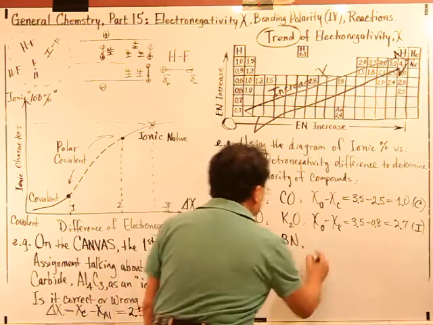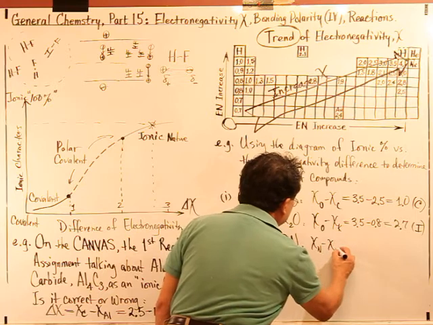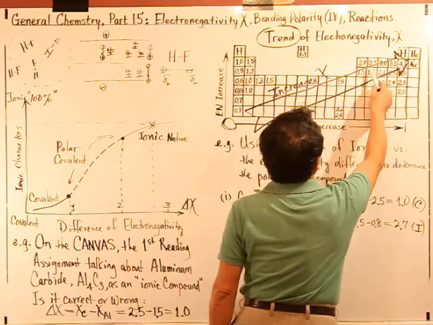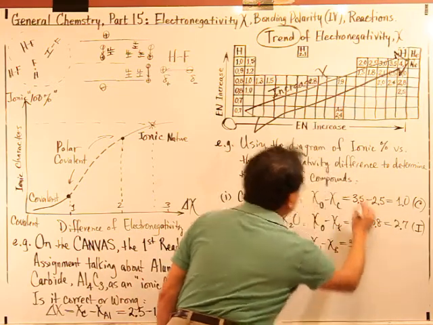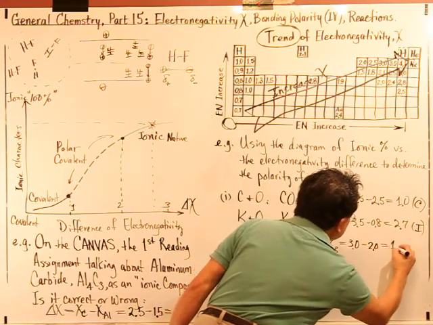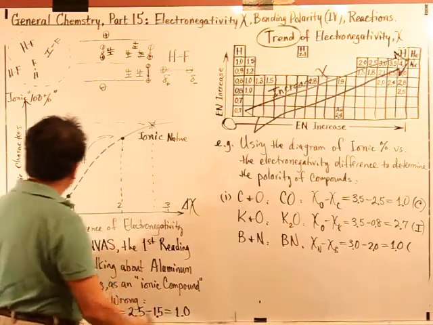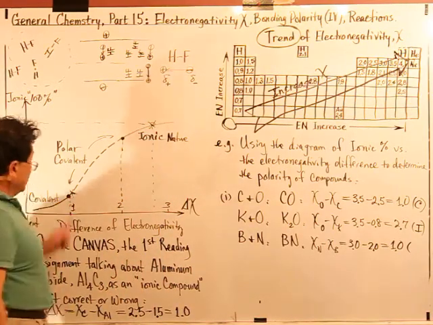Let's say the chi for nitrogen minus chi for boron. Nitrogen is next to carbon, and it is 3.0, boron is 2.0. So the difference is 1.0. Where is 1.0? That's going to be right here, so that is where boron nitride is.